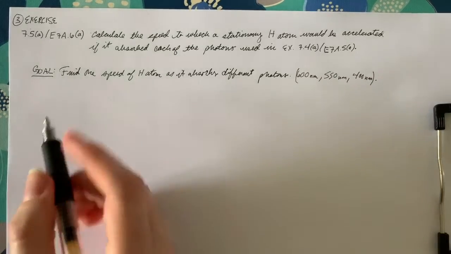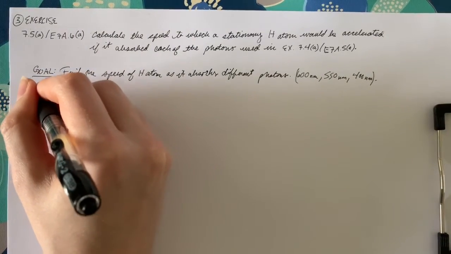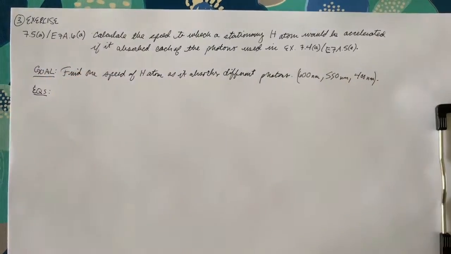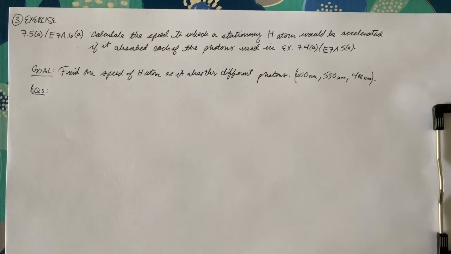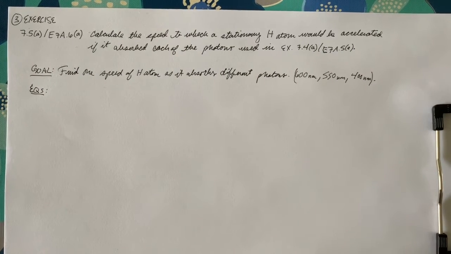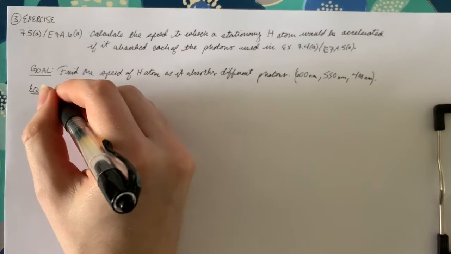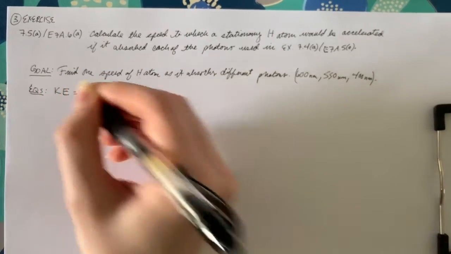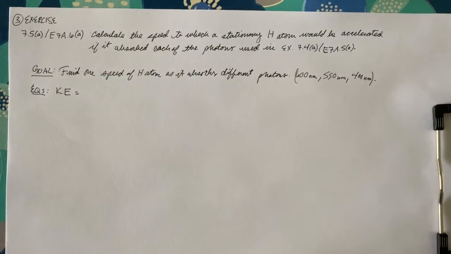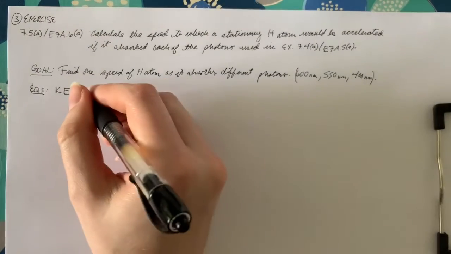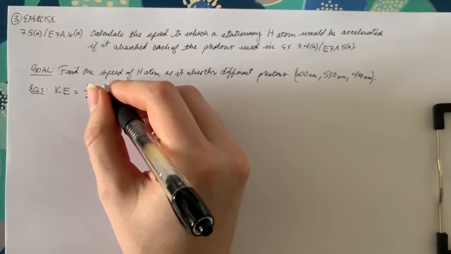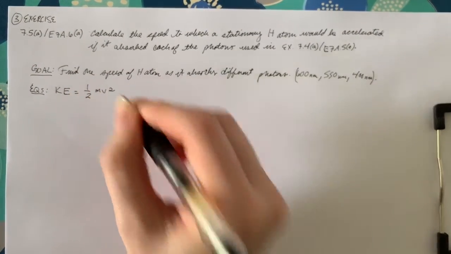Now we could think about the relevant equations. So when we think about speed, we think about kinetic energy. And we know that kinetic energy is equal to 1/2 mv squared.